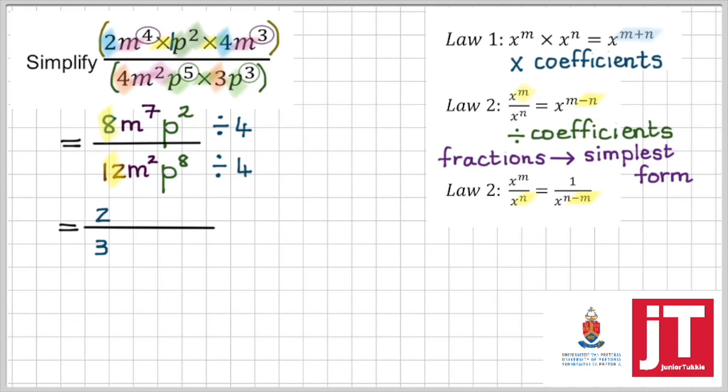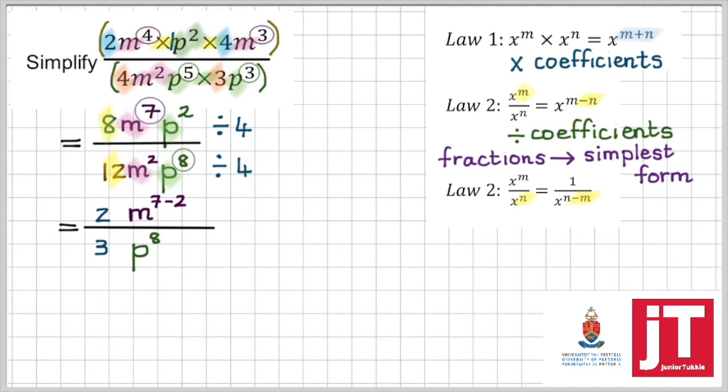Now we can use law number 2, and we look for like bases and subtract their exponents. The highest exponent on m is 7, and that is in the numerator. So we bring m to the power of 2 up into the denominator by subtracting that exponent. We have m to the power 7 minus 2. On p, the largest exponent is 8.